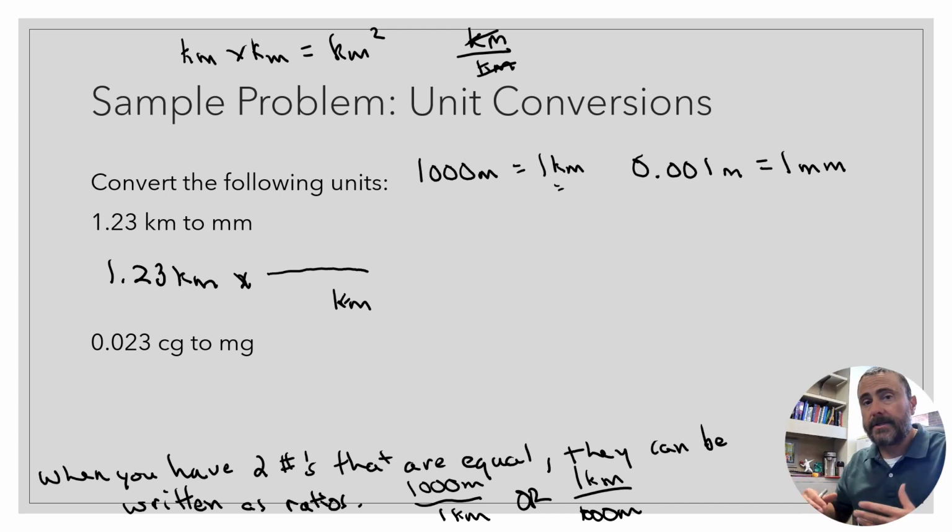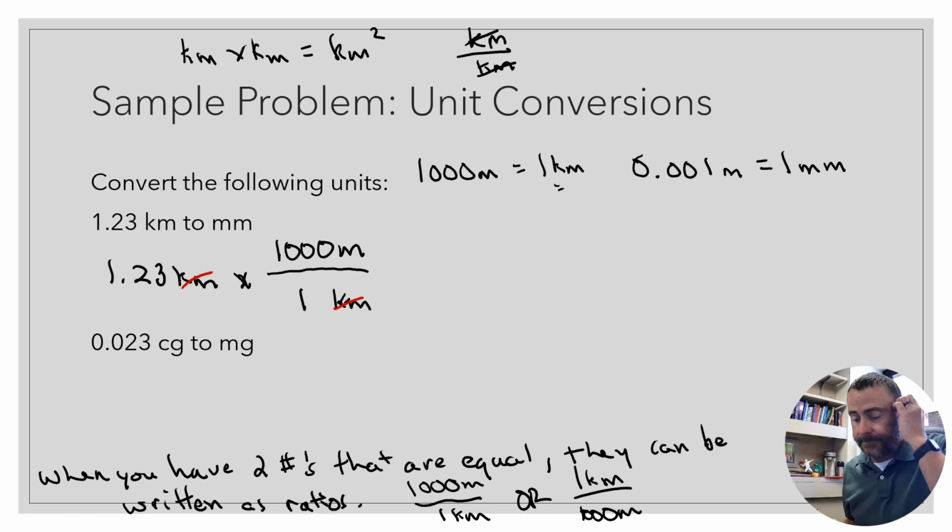So if I put the kilometers on the bottom, I'm dividing by them, and I'm going to put my meters on the top. My kilometers have canceled out. What this is really telling me is I'm taking my 1.23 and multiplying it by 1,000, and dividing by 1. Now I'm not at millimeters yet, but I have my other conversion factor, my 0.001 meters and my 1 millimeter.